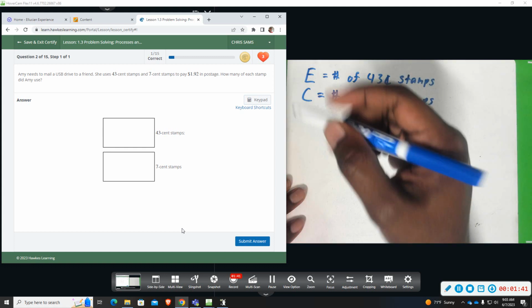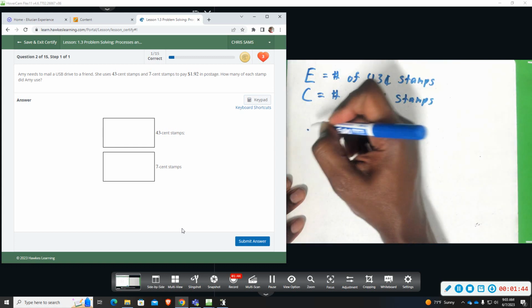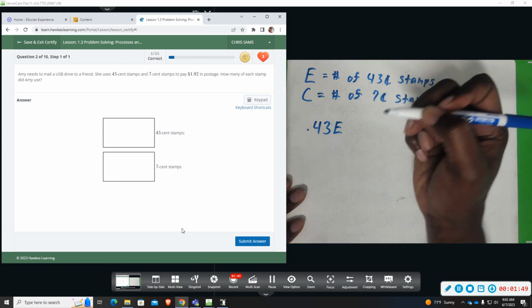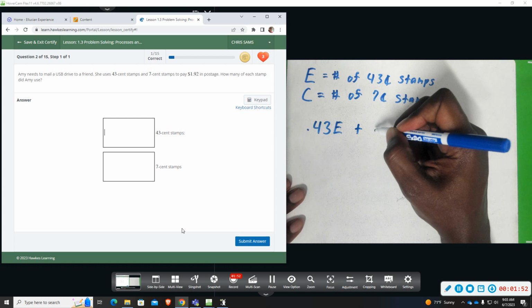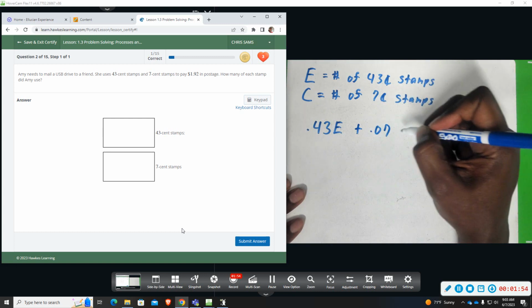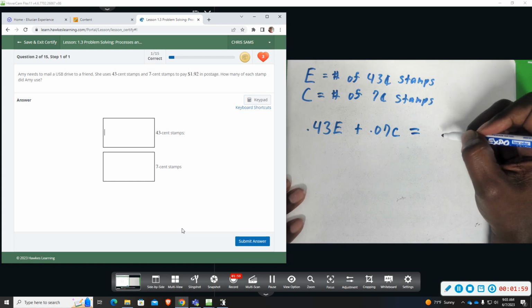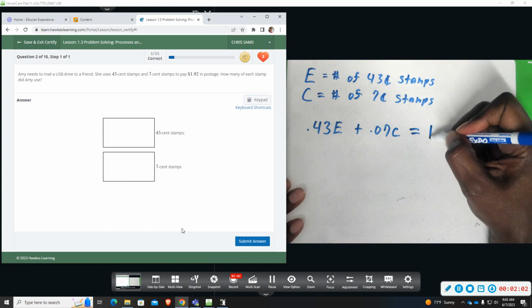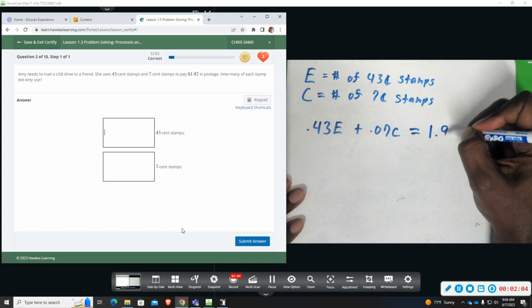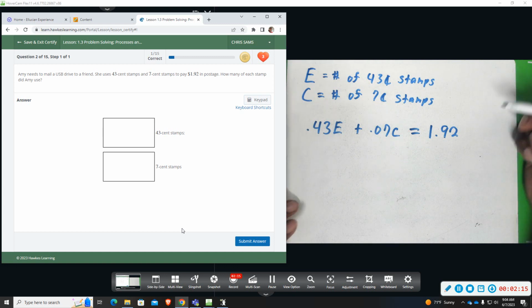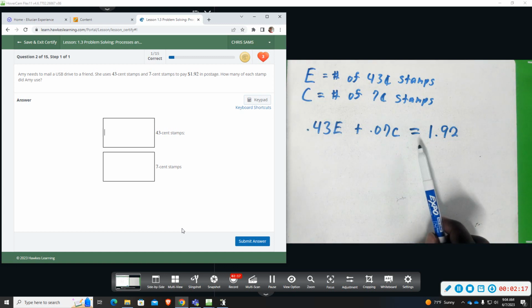So I need to do 0.43 times E, the number of expensive stamps, plus 0.07 times C, the number of the cheaper stamp. That total will give me $1.92. Okay, so I have one equation.